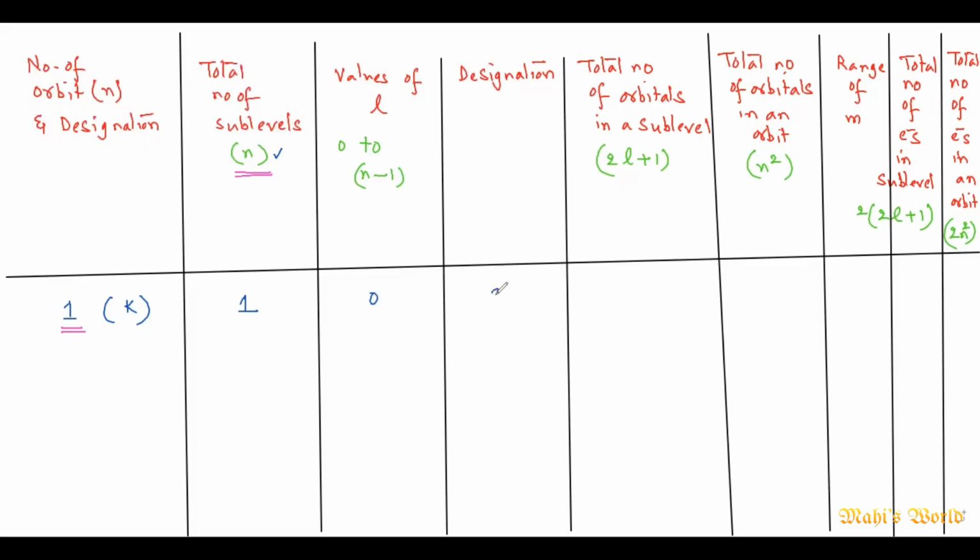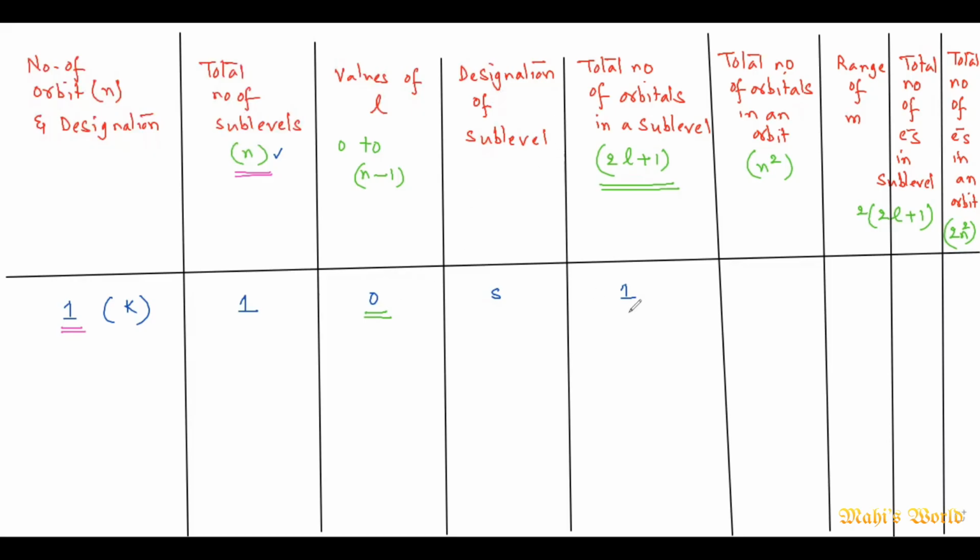And the designation given to that sublevel is S. Coming to the total number of orbitals in a sublevel, this is the value of L, and now I have to use the formula 2L plus 1. 2 into 0 plus 1. So the total number of orbitals in S sublevel is only 1.